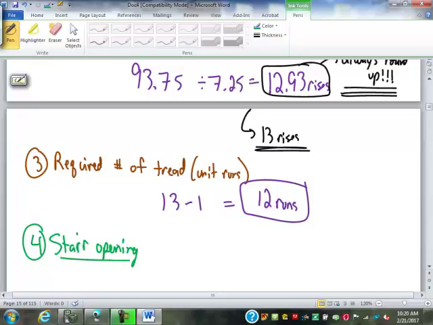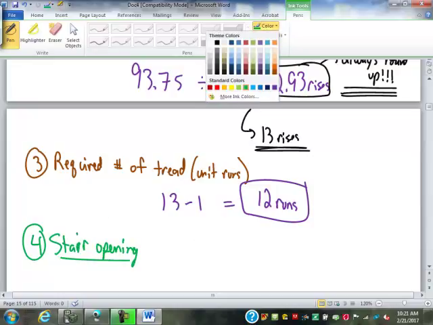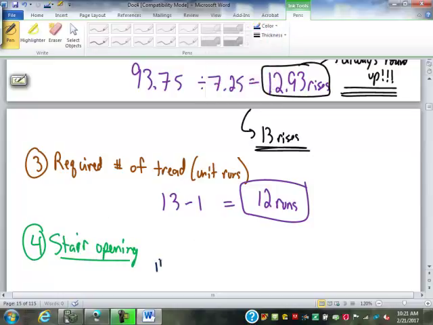Step 4 is to find the stair opening then. Stair opening is number of runs times the tread, or times the unit run. I'm going to give you again that the tread is 11 inches.